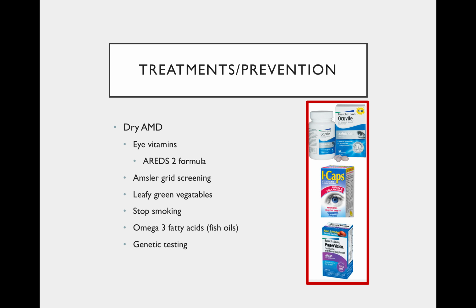Amsler grid monitoring, intake of leafy green vegetables and other antioxidants, smoking cessation, use of omega-3 fatty acids, fish oils, genetic testing for those at high risk. This is a somewhat controversial topic.